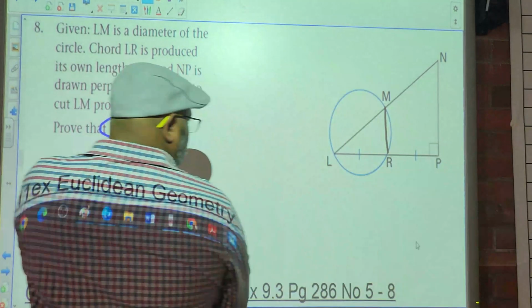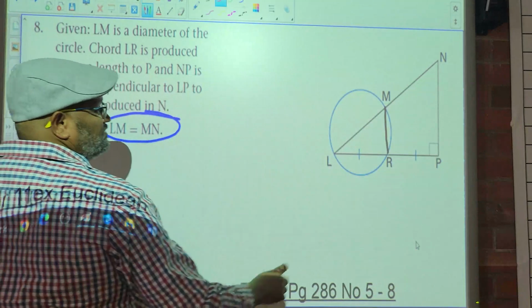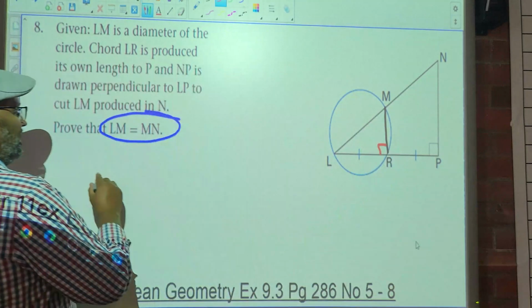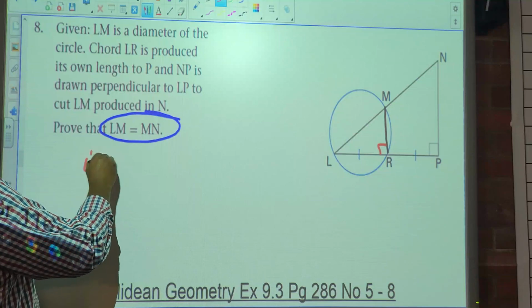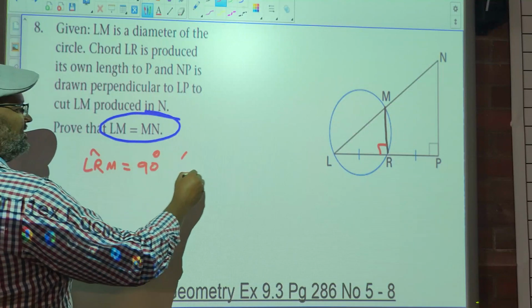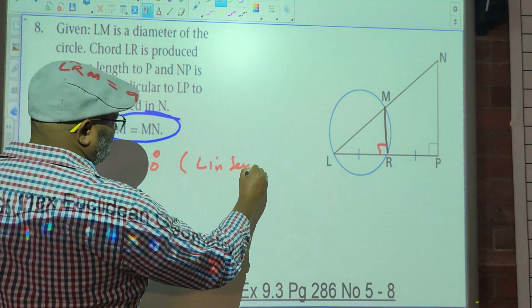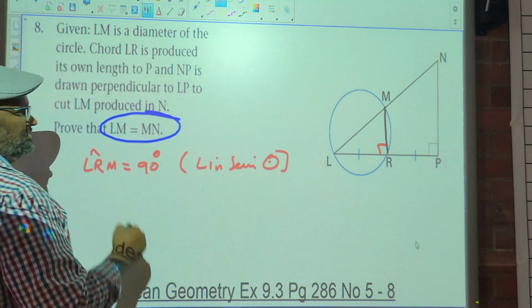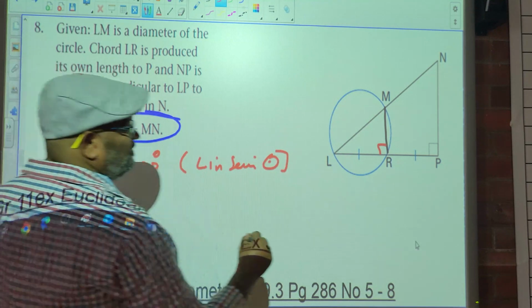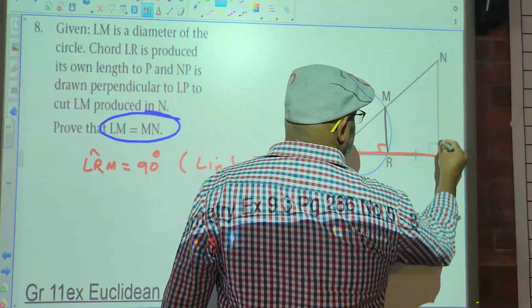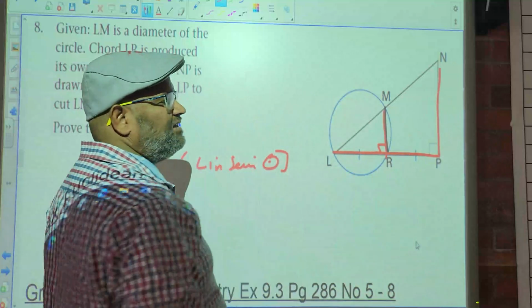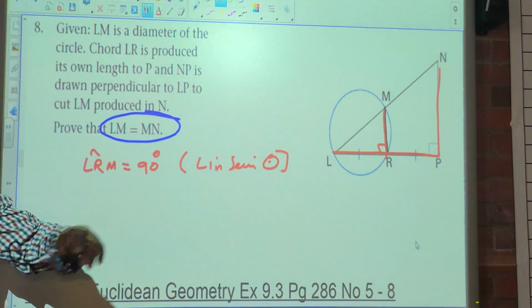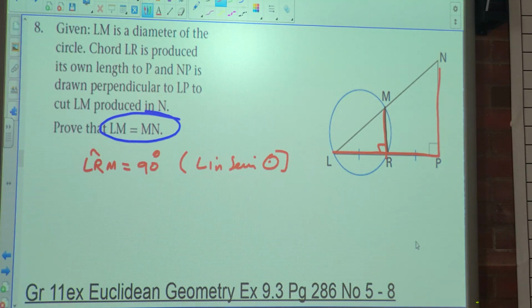So where do we start? You start off by saying angle LRM is equal to 90 degrees. Why? Angle in semicircle. Alright. With that, we can now see that these lines are parallel. Why? Because the corresponding angles are equal.